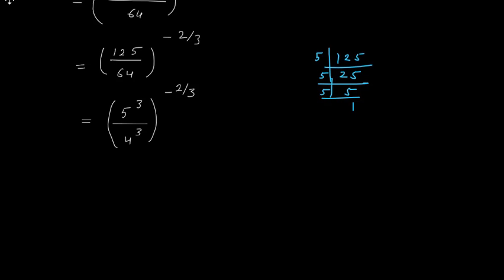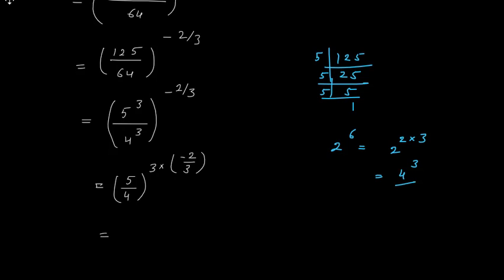Now as numerator I am getting 5 power 3, denominator 2 power 6. So this 2 power 6 I will write as 2 power 2 into 3, and this 2 power 2 is 4, so this is 4 power 3. Therefore I have written this as 4 power 3. Now this is (5 divided by 4) whole power 3 into minus 2 by 3.